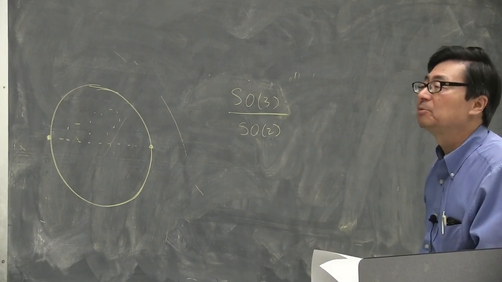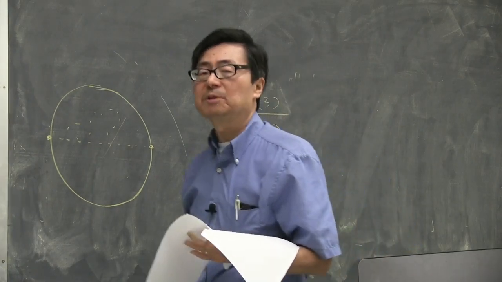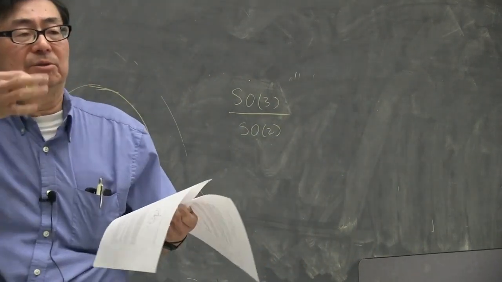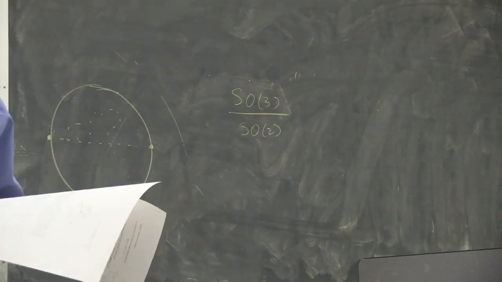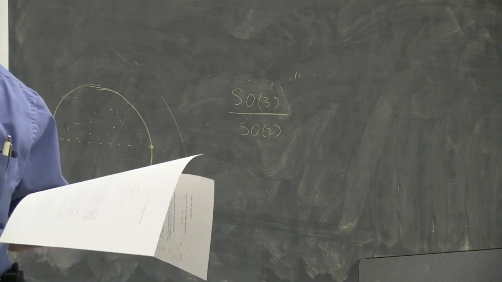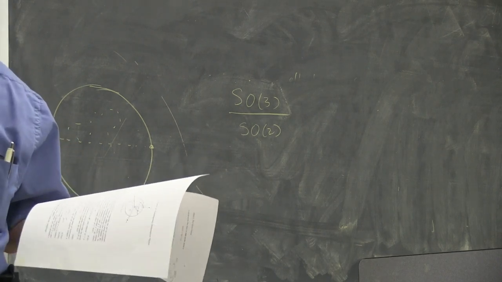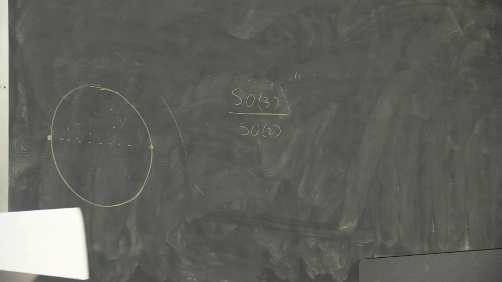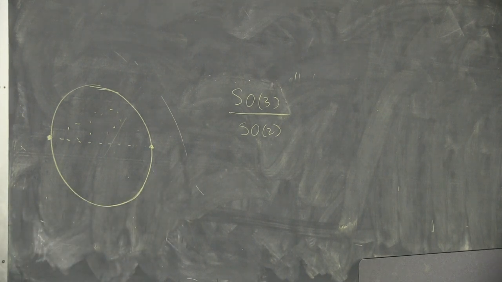Remember that if the subgroup is not a normal subgroup, then you can still bust the group up into different cosets. You can have left cosets or right cosets. They're not the same subsets unless the subgroup is a normal subgroup, okay?